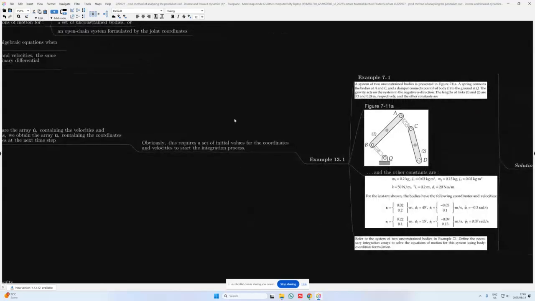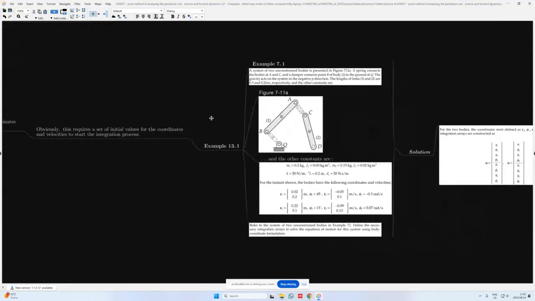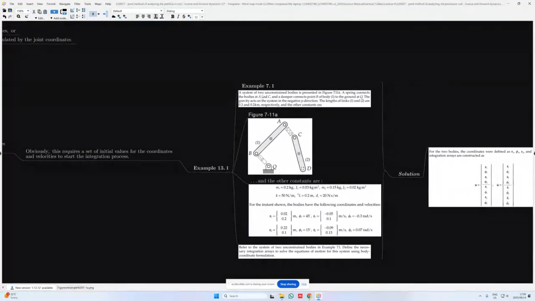Now, obviously, this requires a set of initial values for the coordinates and velocities to start the integration process. Looking at example 13.1, we have a system of two unconstrained bodies. Body 1 and body 2 are not constrained through kinematic or revolute joints. In this case, we simply have a spring and a damper connecting the systems.